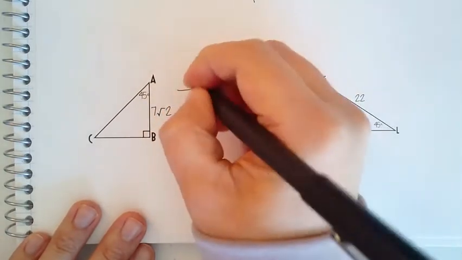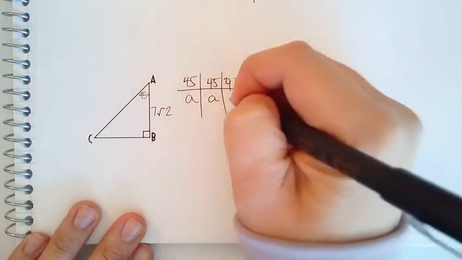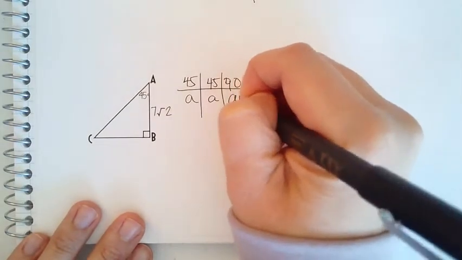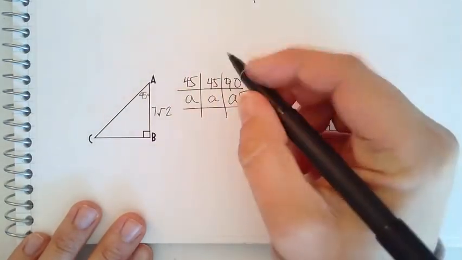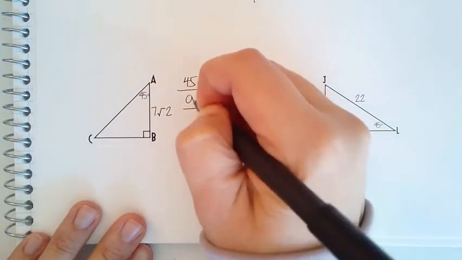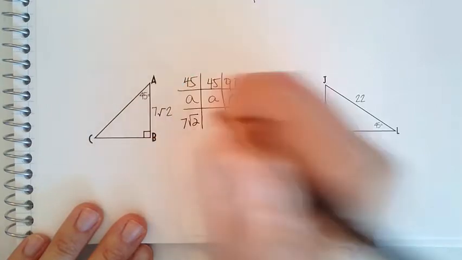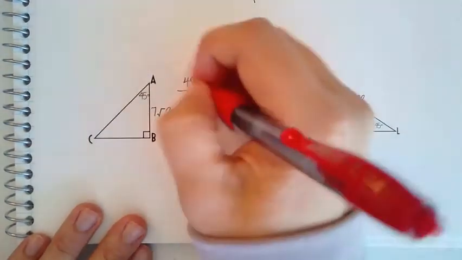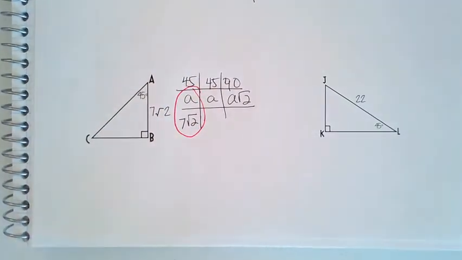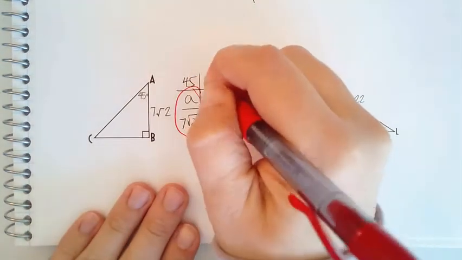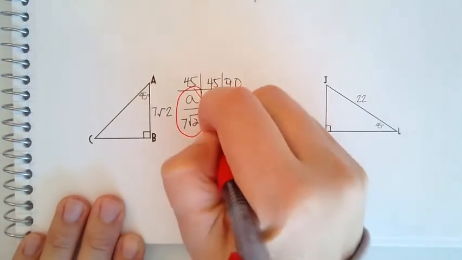The sides opposite my 45 are A, and the hypotenuse is A root 2. I know that a side opposite a 45-degree angle is 7 root 2, so A is equal to 7 root 2. That's really the big question you're trying to find for yourself: what is A? So this other side must be 7 root 2.